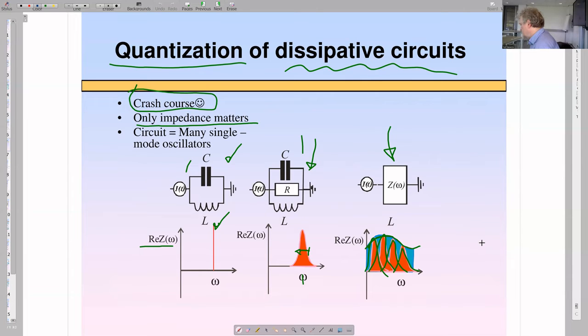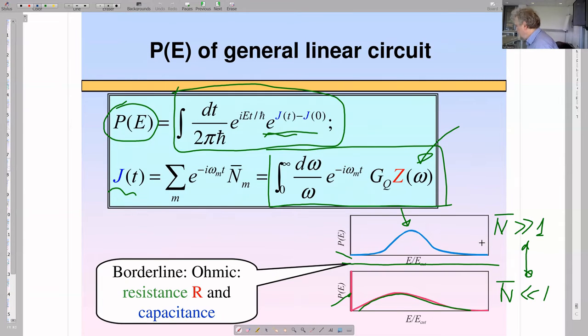And it appears that any arbitrary environment can be seen as a large collection of oscillators, and qualitatively, everything is the same.